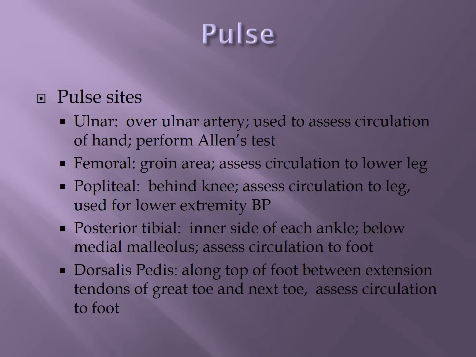Another very, very common pulse site that we use is the dorsalis pedis, also known as the pedal pulse, P-E-D-A-L, which is located along the top of the foot. And it tells us how well this foot is receiving blood.